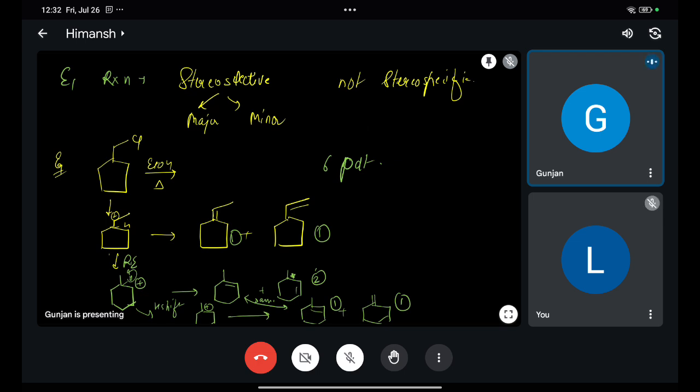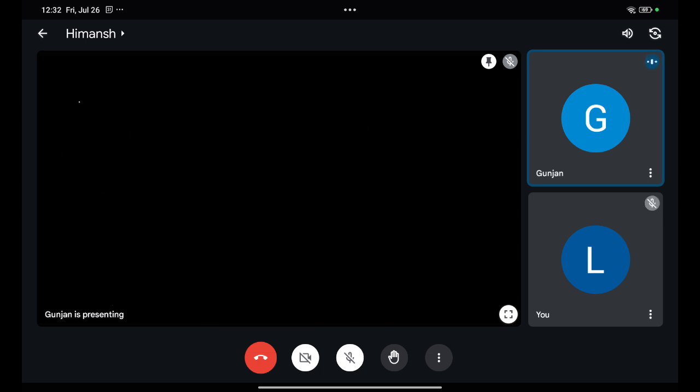After that, what else is there? The third reaction that we discussed was the E1CB reaction, that is elimination unimolecular conjugate base.